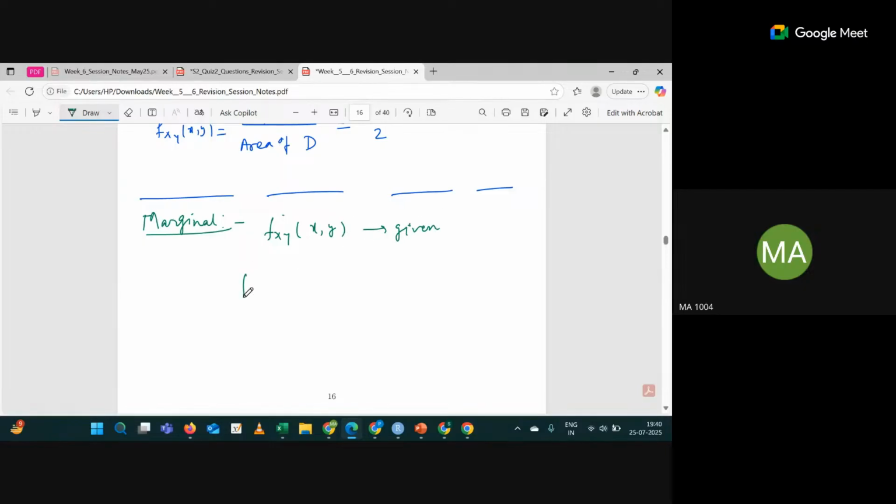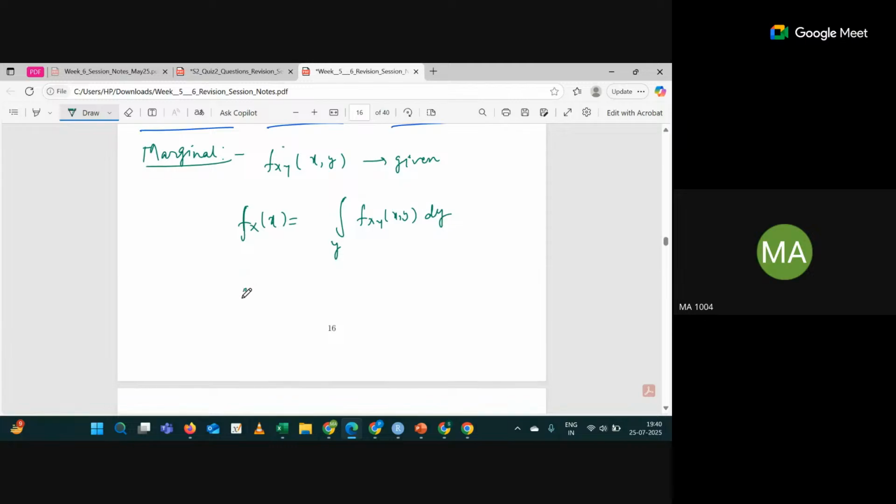To calculate the marginal of x, I have to integrate this joint density over the support of y. If I want to calculate the marginal density of y, I will integrate the joint density with respect to x. Is this clear?